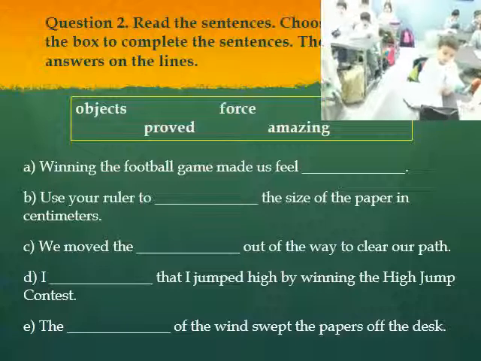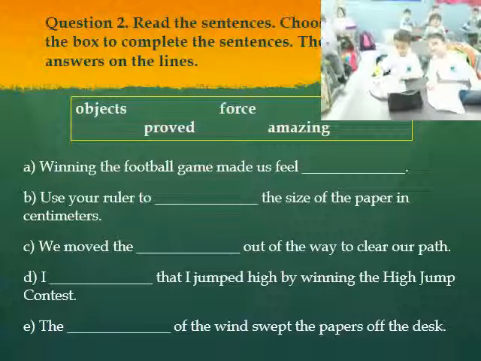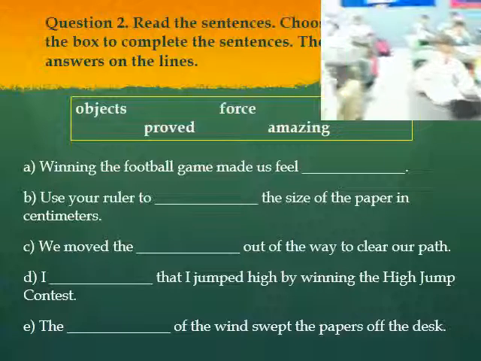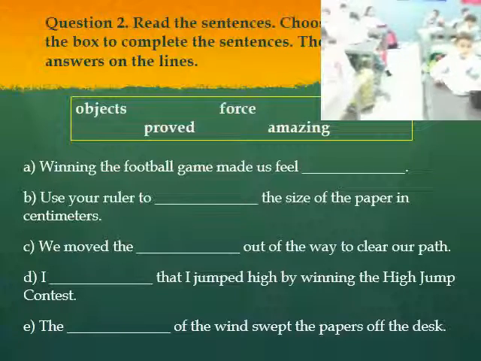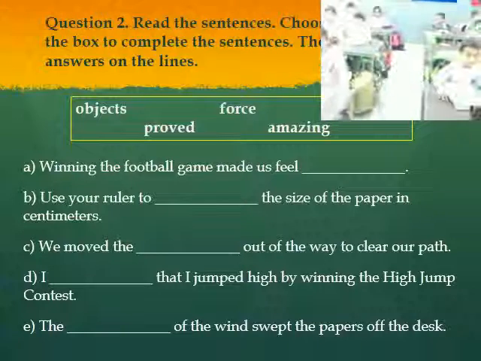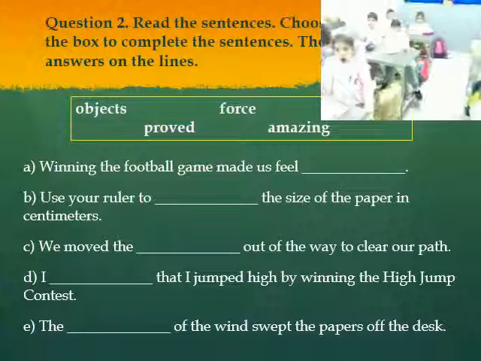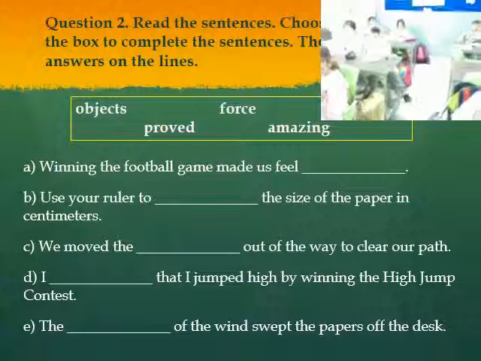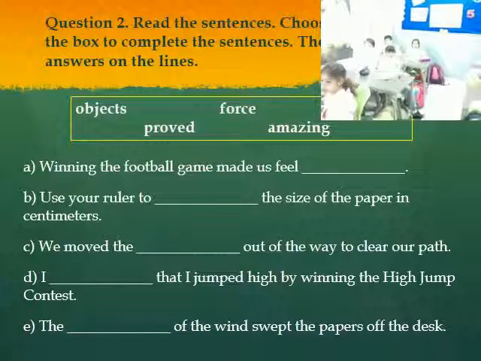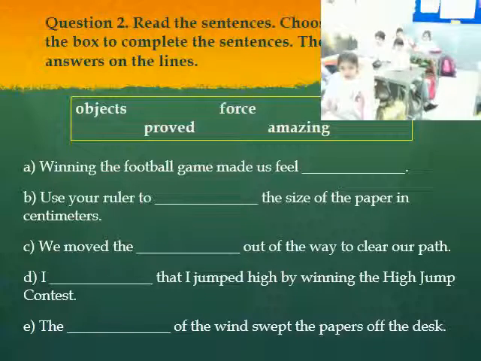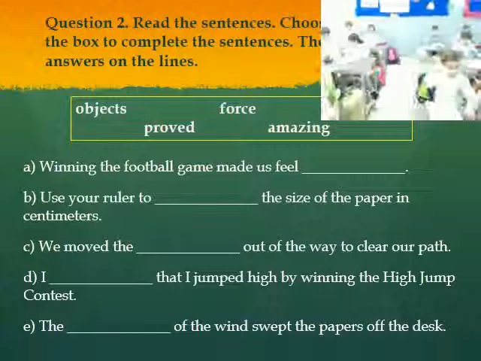Okay? The last word? Amazing. What's the meaning of amazing? Something that is great. Like a what? Like a rainbow. A rainbow is amazing. Okay, very good.